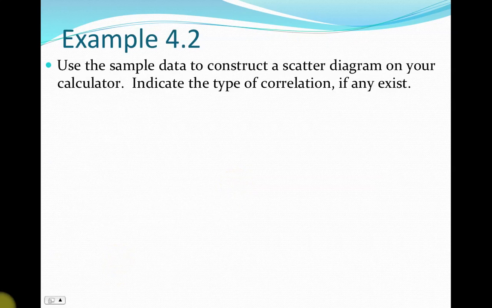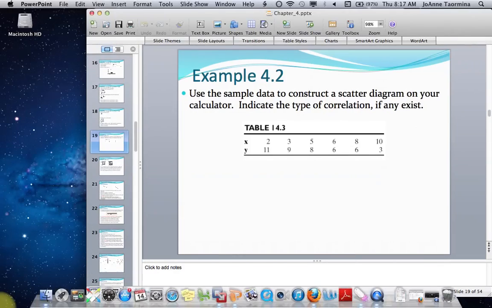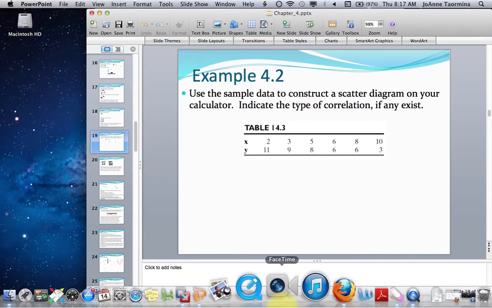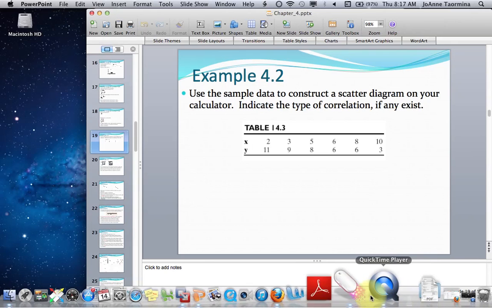Okay. Use the sample data to construct a scatter diagram on your calculator and indicate the type of correlation, if any, that exists. So let's go back to our calculator and put in these data values: 2, 3, 5, 6, 8, 10, and 11, 9, 8, 6, 6, 3.